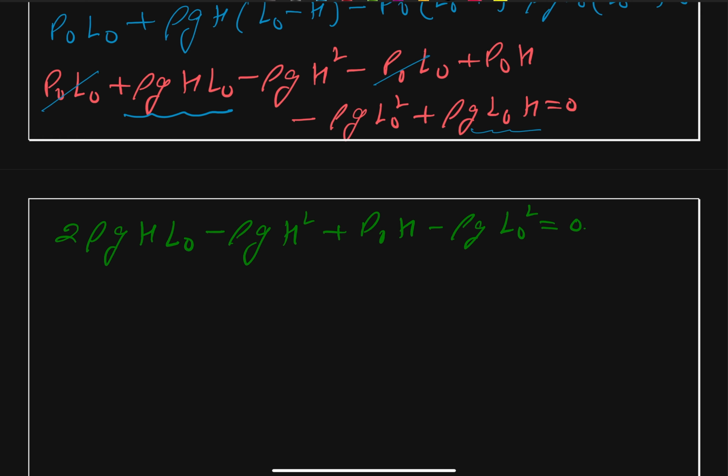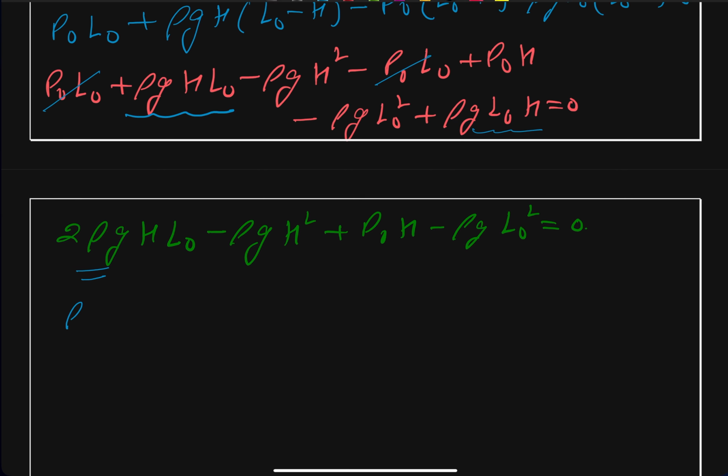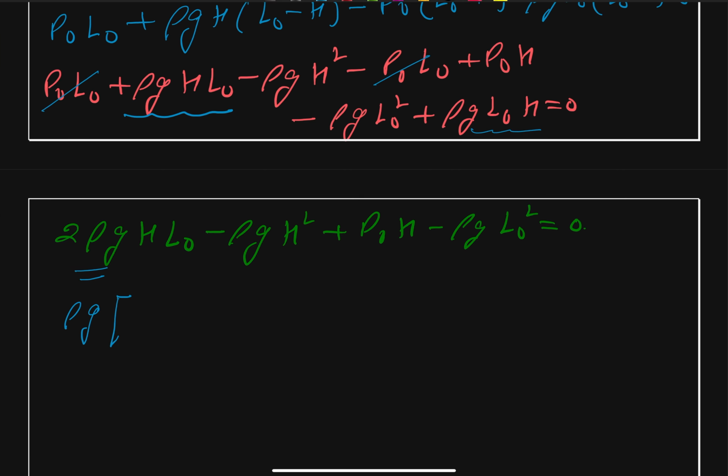Or we can write this with rho G taken as common, so we take minus rho G, and we are left with H square minus 2 H L naught plus L naught square, and this will be minus P naught H equal to 0, or we can take minus throughout, so this will be coming as plus.